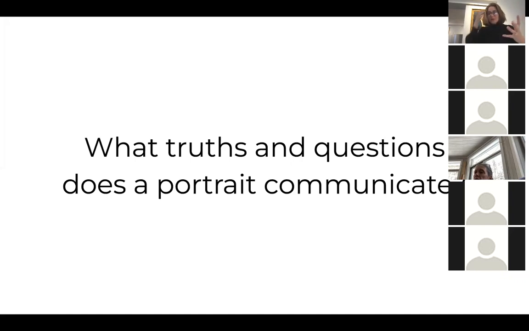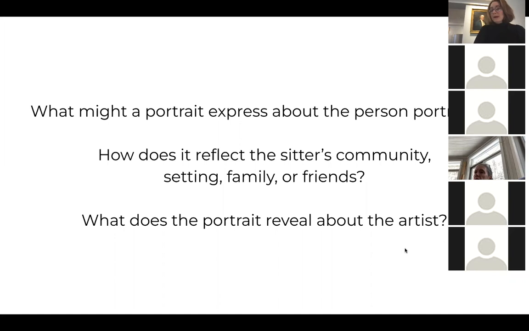So when we have all of these things together, we're really looking at how people construct their identity through portraiture. What might a portrait express about a person? How does it reflect the sitter's community, settings, family, or friends? And what does the portrait reveal about the artist? So this could be anything. If you're, say, a photographer and you get a picture taken of you with a camera, that is going to be pretty clear that you use a camera.